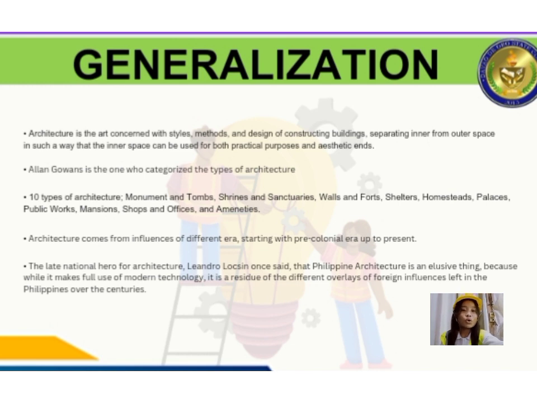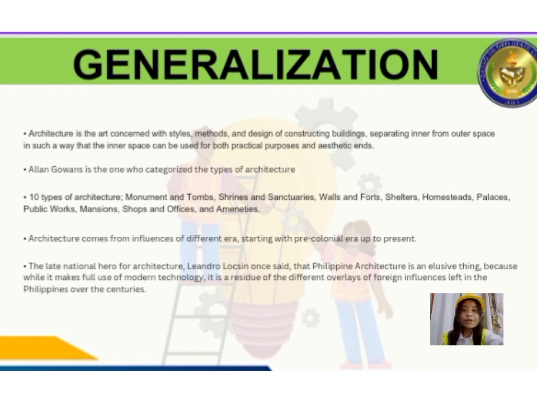The 10 types of architecture are: monuments and tombs, shrines and sanctuaries, walls and forts, shelters, homesteads, palaces, public works, mansions, shops and offices, and amenities.